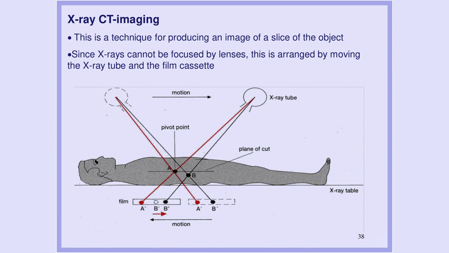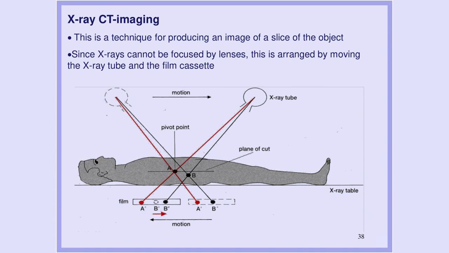Since X-rays can't be focused by lenses, this is arranged by moving the X-ray tube and the film cassette. The two are connected mechanically so that as they move, the image of the chosen plane stays in the same place on the film. As shown here, image A stays as A prime.